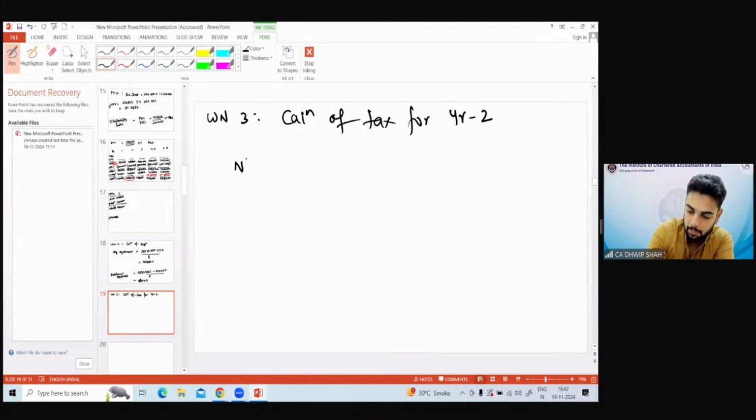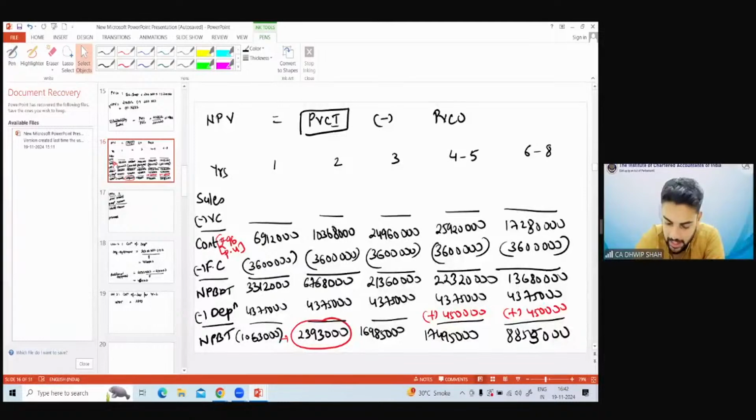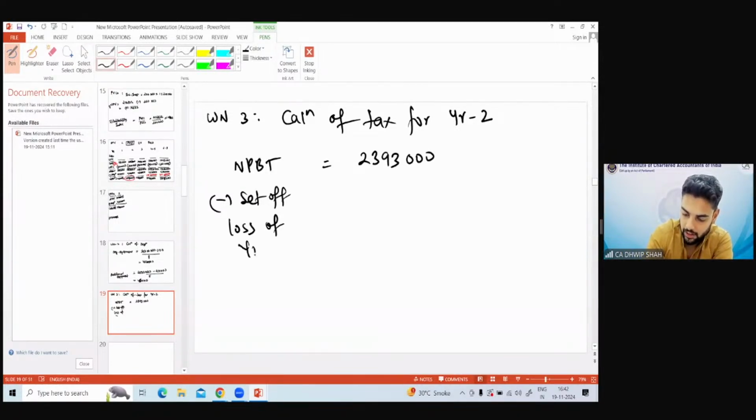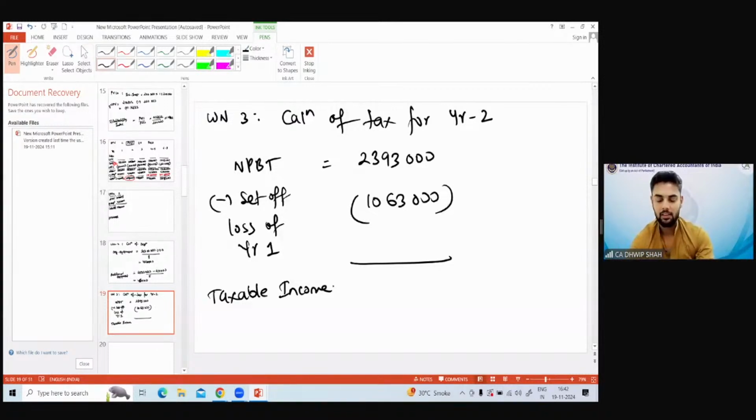Can I say NPBT for year 2 is 2393, 23,93,000, correct? From this income, I will first set off the loss of year 1, which was 1063. So for year 2, my taxable income would be 2393 minus 1063.